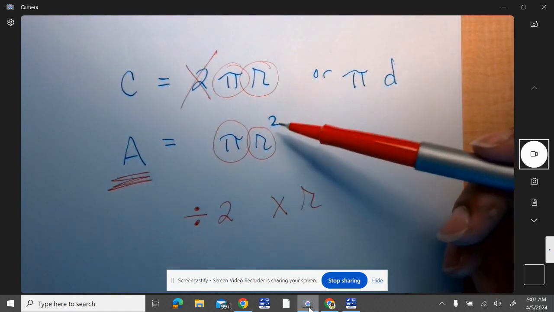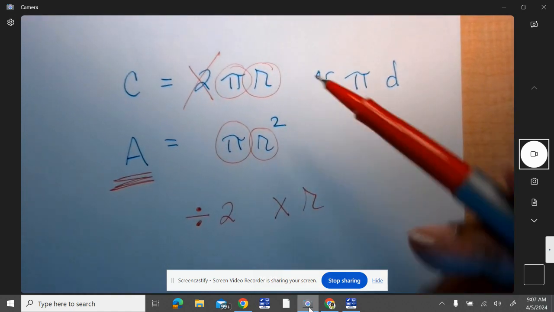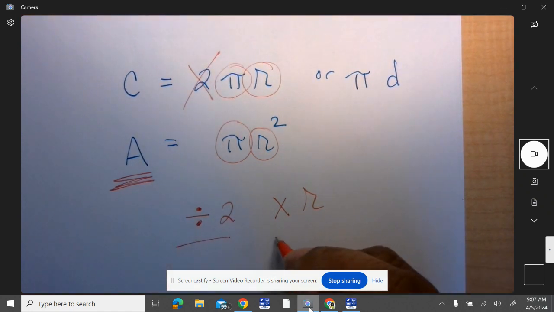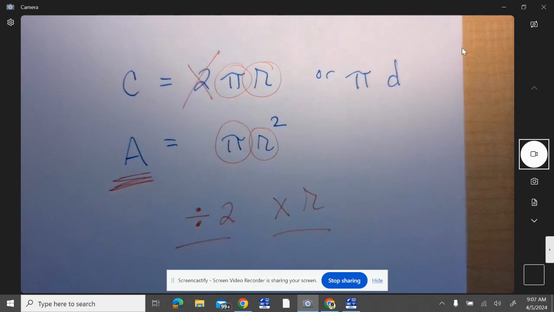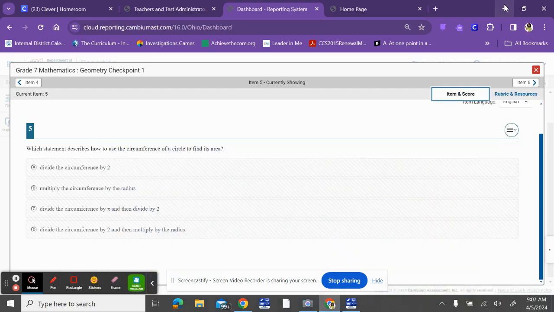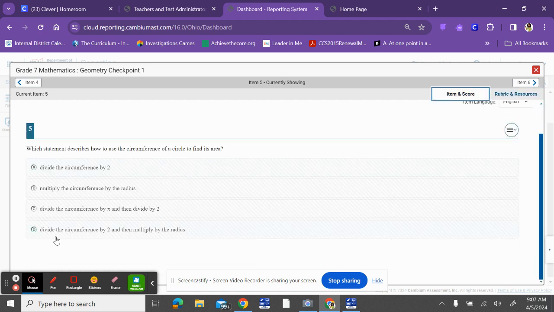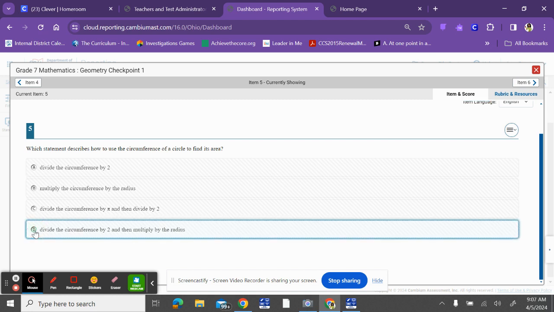So the correct answer is divide by 2, multiply times r, and that is letter D.